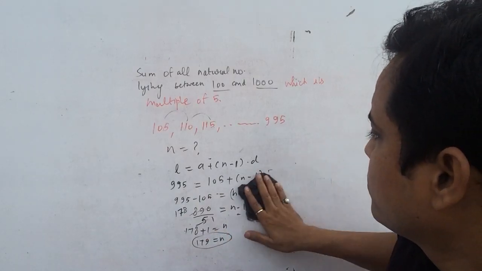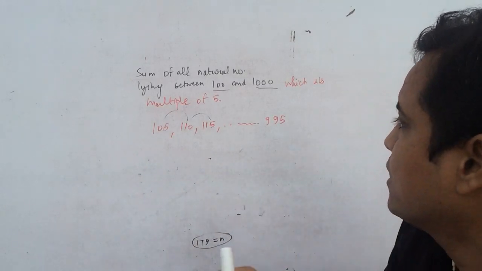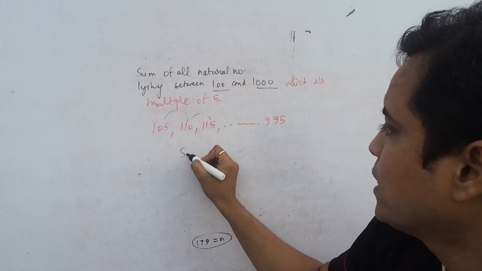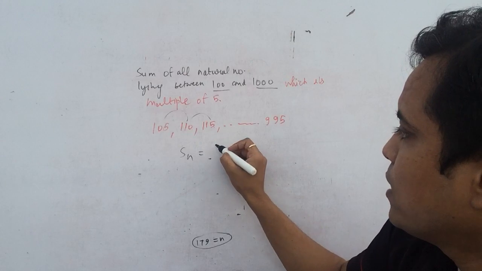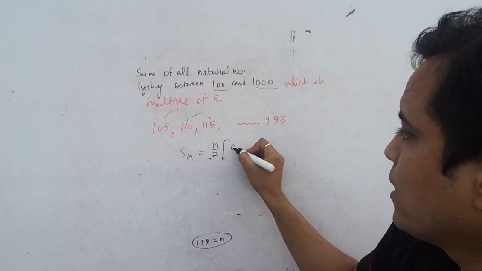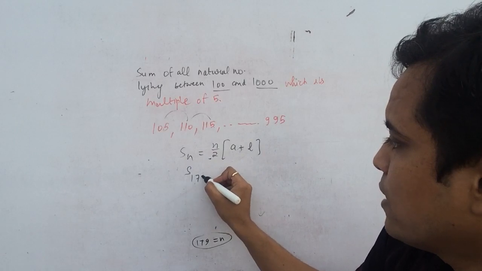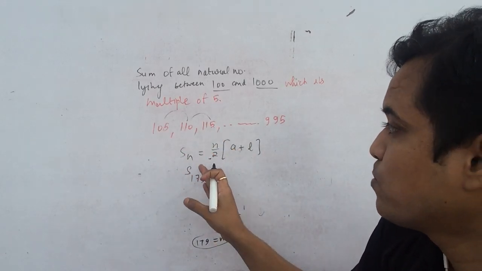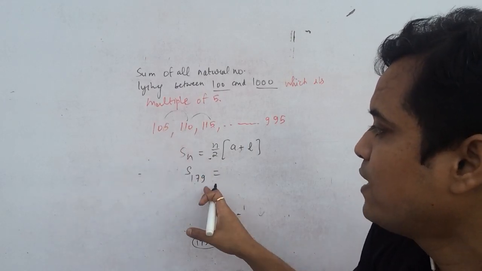So now what do we have to find? We have 179 as n. What is the formula? Sn equal to n by 2 times a plus l. This is the sum of the first 179 terms.